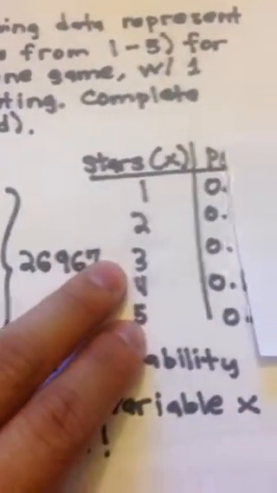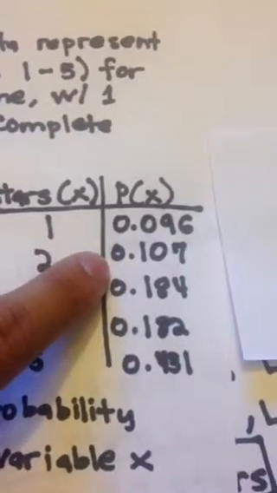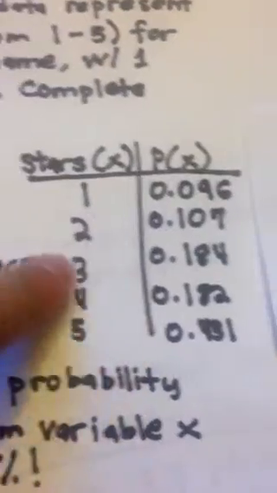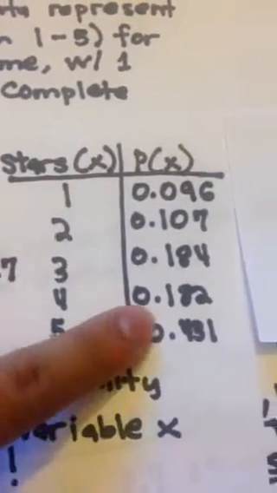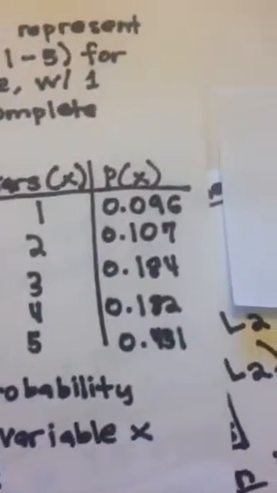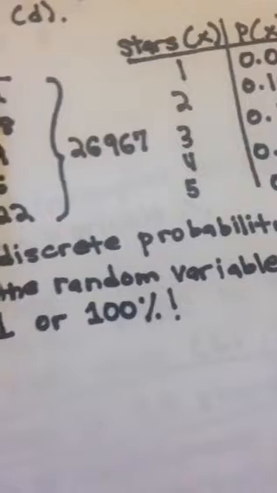Create a new chart, and that's how we get the decimal places 0.096, 0.107, and all these are basically the probabilities of the stars, with 5 being 0.431. As I stated earlier, these probabilities are going to add up to 1, which is 100%.